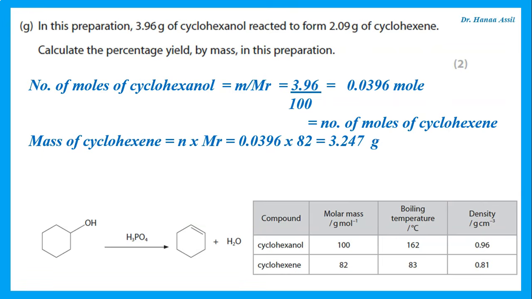So that means that if I start with 3.96 grams of cyclohexanol, we should get 3.247 grams. But what did he actually get? He got 2.09. So the percent yield is what was actually obtained over the theoretical yield that we calculated times 100. This means he got only 64.4% yield.